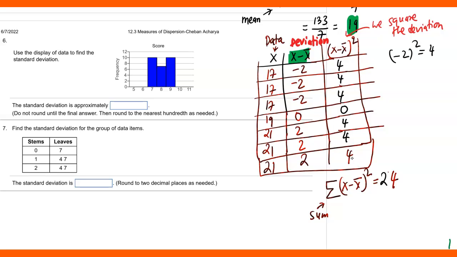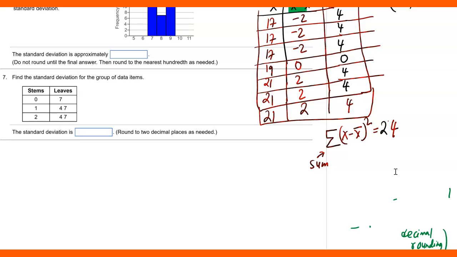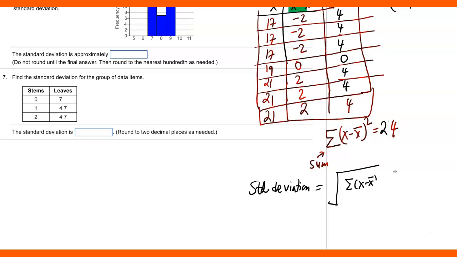Now to find the standard deviation, we got to use the formula as I mentioned before. What's the formula? Standard deviation formula equals square root of sum of x minus x bar squared divided by n minus 1.